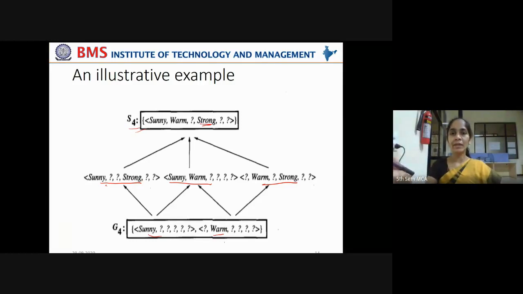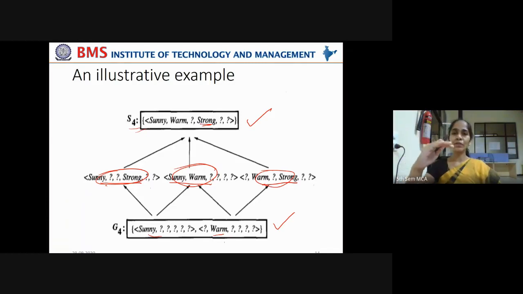Then learning from those training examples, it will try to eliminate these hypotheses, so that your version space will contain only G4 and S4, the boundary sets for the general hypothesis and specific hypothesis. Means your candidate elimination algorithm, as it encounters the training examples, is trying to make the version space thinner and thinner, with a lesser number of hypotheses that generalize to all the training examples it has learned from.